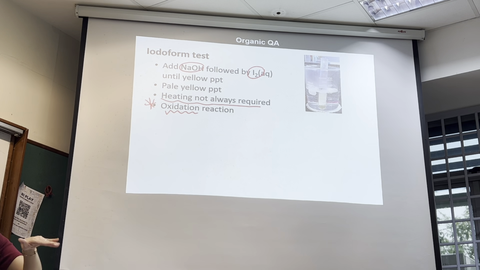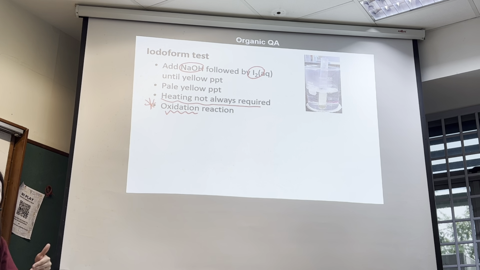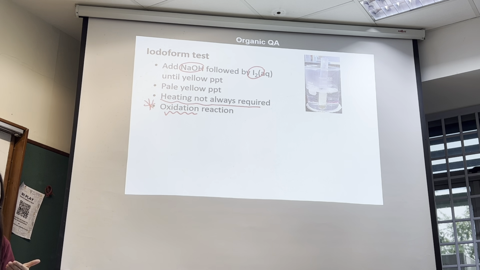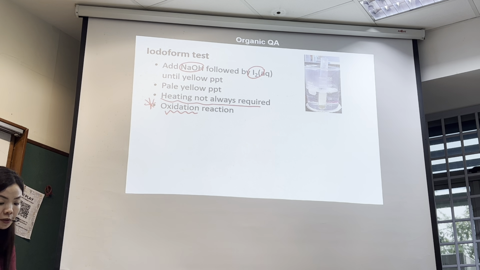So you record yellow or pale yellow, it's fine. Anyway, the gist is the yellow. Just note that you may not need to heat, people. If I see the yellow, then I just record. But if I don't see the yellow, make sure you heat to see if the yellow appears. And of course, water bath, people. No direct heating.